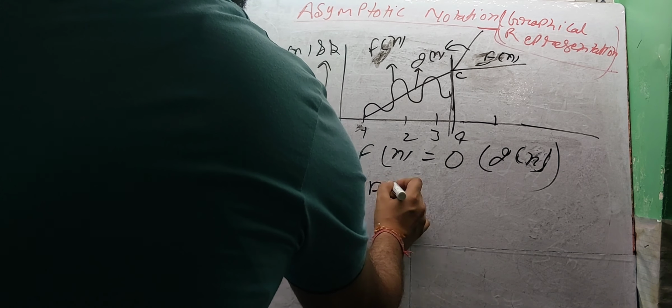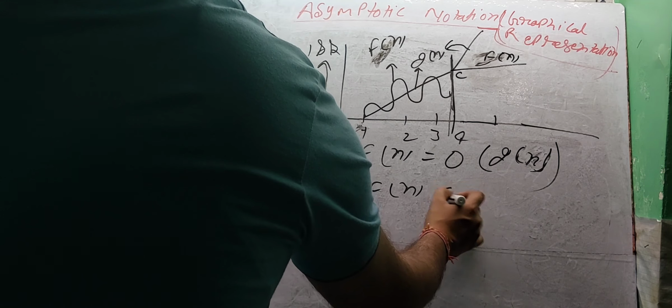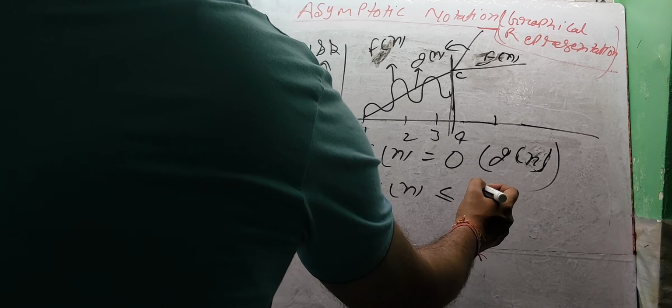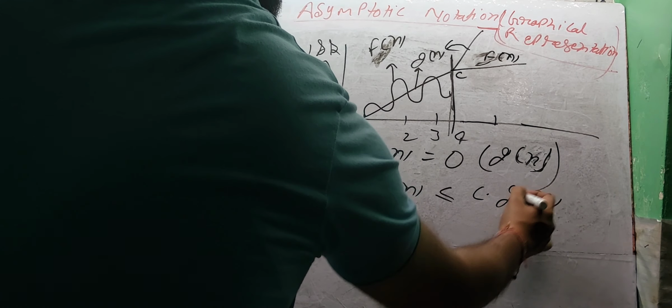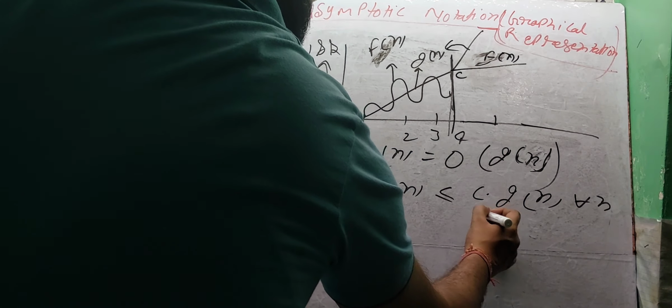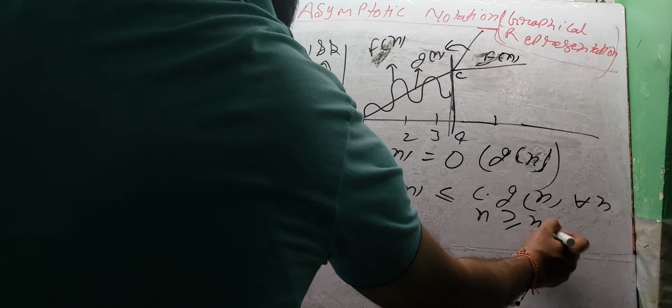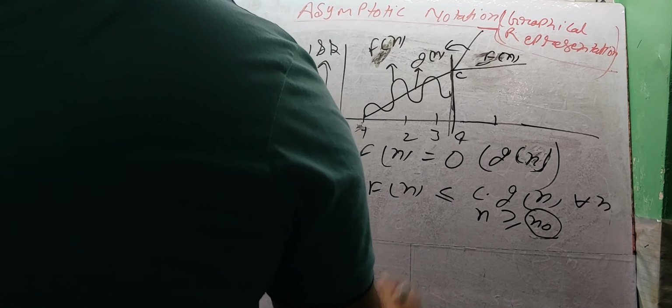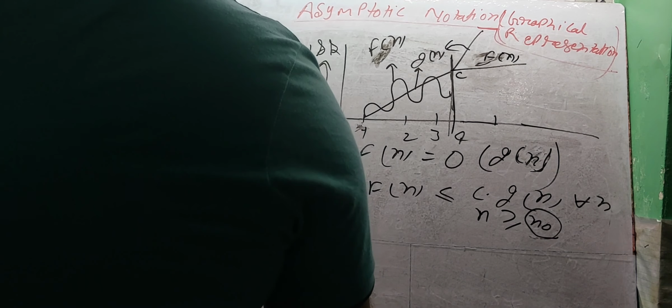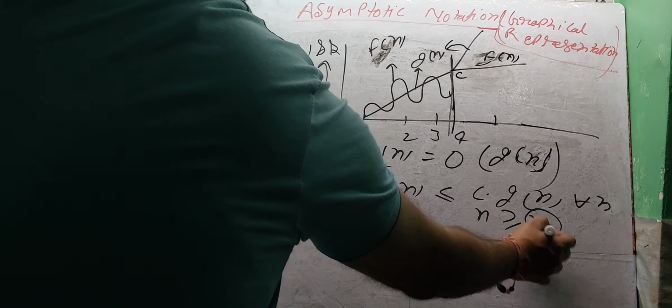That is, f of n is always lesser than or equal to some constant times g of n, for all n greater than or equal to n naught. That is, from n naught onwards, as the value increases, n naught is the lower limit.